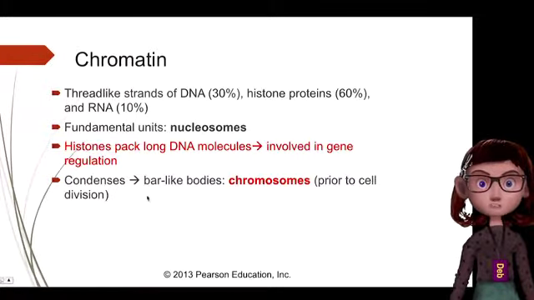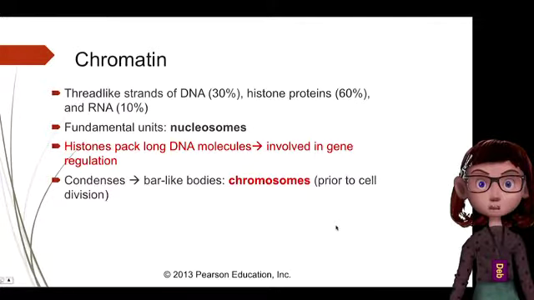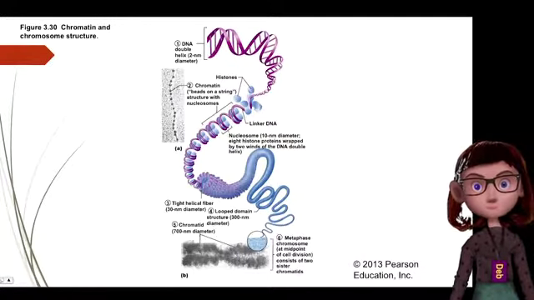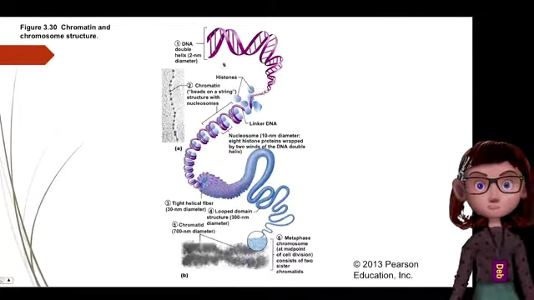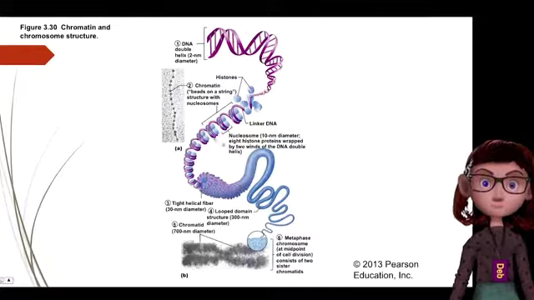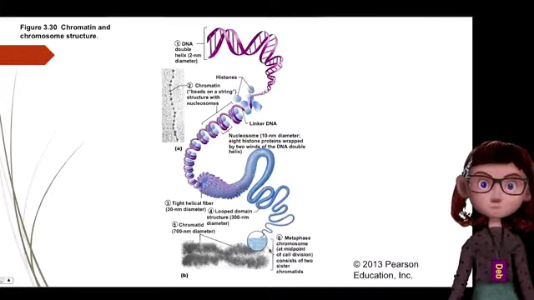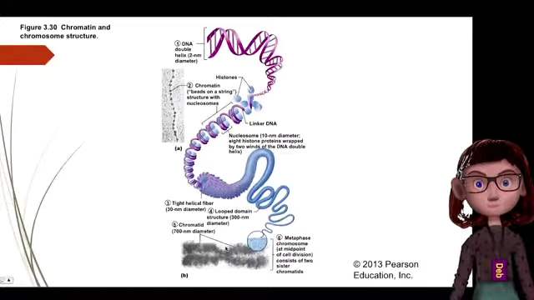The chromatin will condense into bar-like bodies called chromosomes just prior to cell division. And this is showing chromatin structure. It's wrapped around these little histones, and before cell division, this will duplicate to make 2 strands of chromatin, and then it will condense up into these little fuzzy-looking X's.